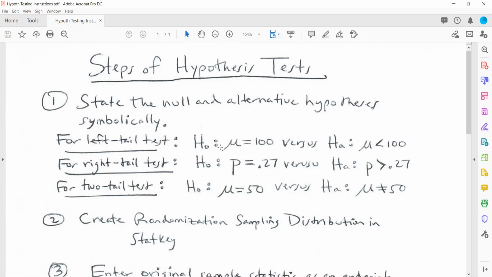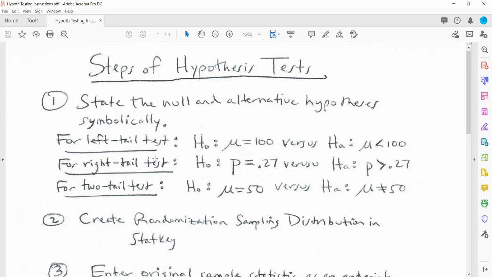The null hypothesis will always have an equal sign, and it's always stated as H sub 0 with a colon next to it, and then the population mean or proportion is given. In this example, our null hypothesis is mu is equal to 100, versus the alternative hypothesis, H sub A, mu is less than 100. When it's less than, we have what's called a left tail test.